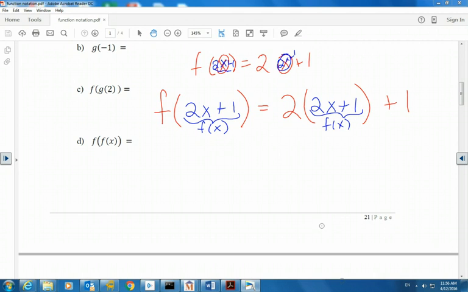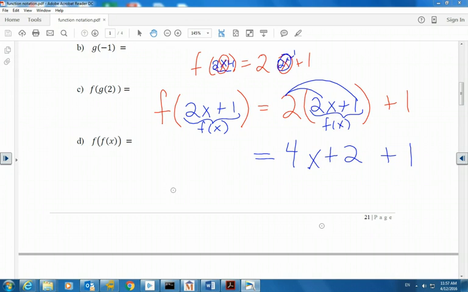Okay. So now, how can I clean this up and write down the answer? I need to take this 2 and I need to distribute it through that bracket. So it's going to be 4x plus 2 plus 1. So 4x plus 3.